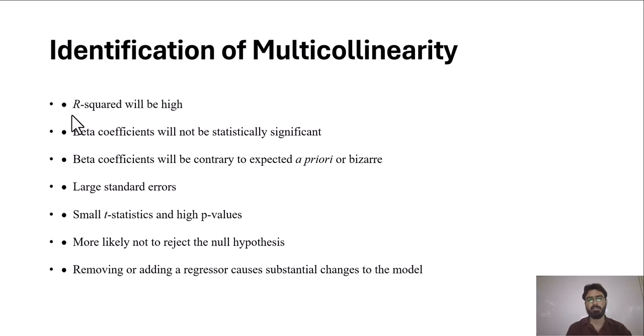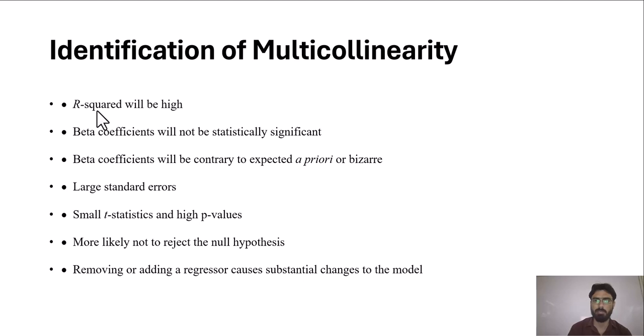The first thing, how you can identify that there is an issue of multicollinearity, look at the R squared value. If your R square value is high and your variables are insignificant, the coefficients' t values and p values suggest that they are insignificant, but your R square is high.